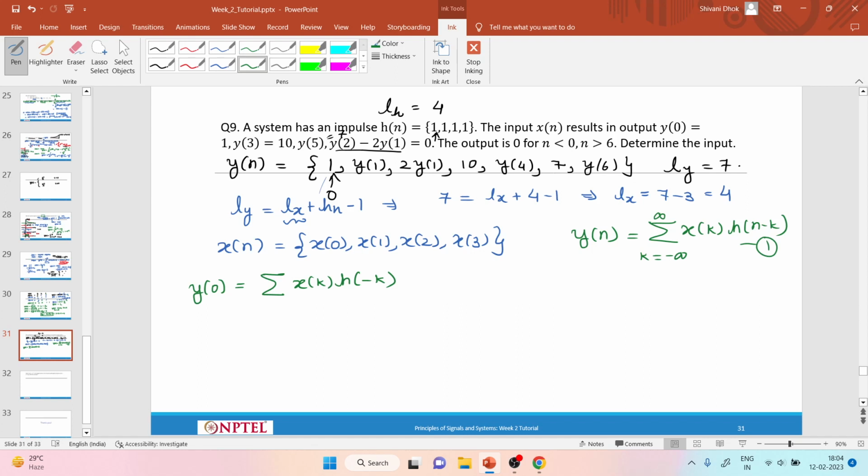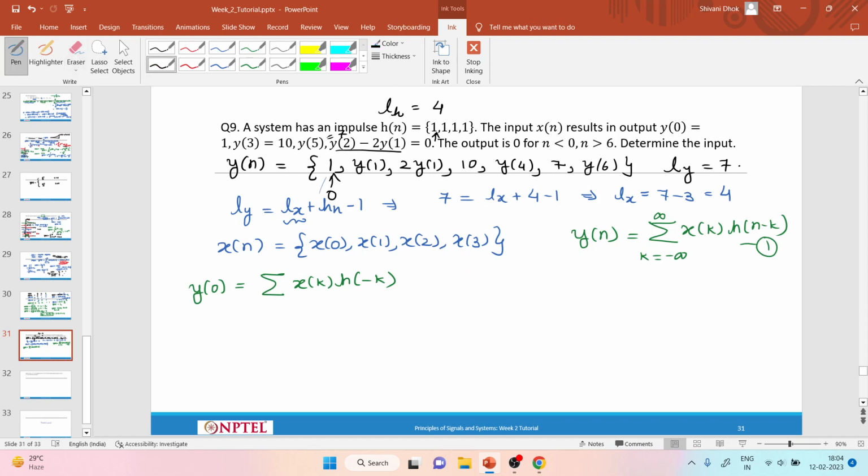if I take a value of k greater than or equal to 0, because for negative values this will become 0. That is, it will be something like x of k into h of minus k, where this minus k is some negative quantity, and we observe that this h of n is 0 for all the values of n less than 0.